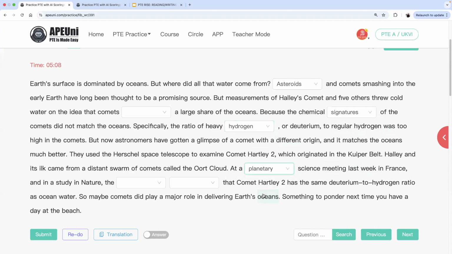Planetary. Nature, the dash that. The researchers announced. That was easy.